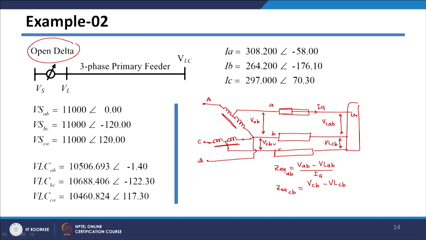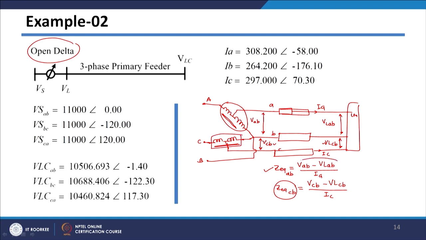So this voltage minus this voltage divided by your IC current will give me another setting. Based on this setting, I will set my regulator between A and C, and based on this impedance I will set my other regulator which is between C and B.